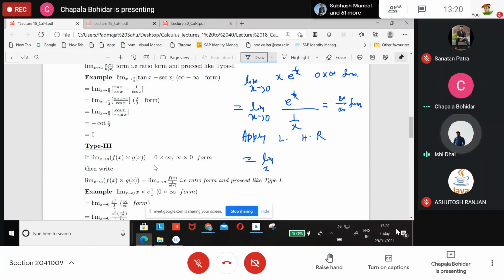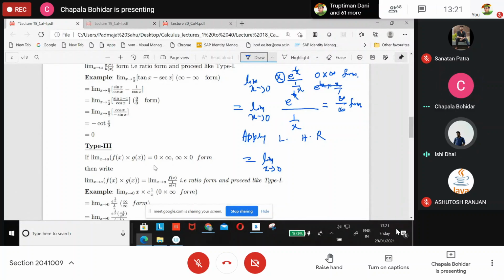One second, can you explain, ma'am, how you wrote e to the power 1 by x by 1 by x? This x, I write it as 1 by x in the denominator, and if we multiply, what do I get? E to the power 1 by x into x by 1.